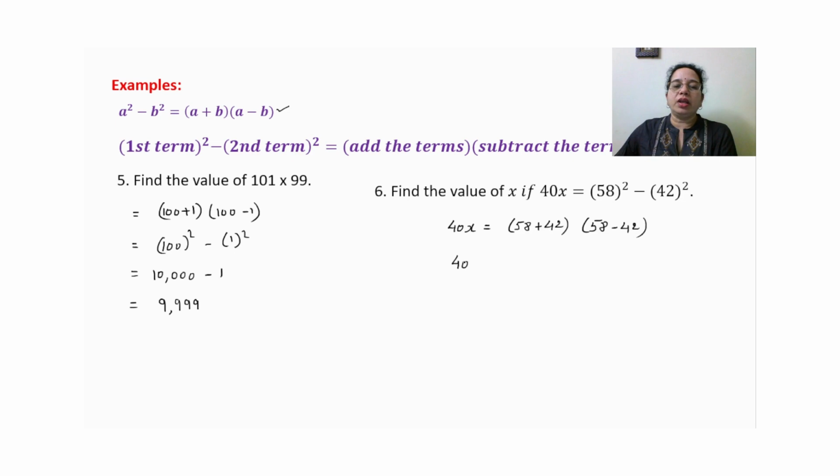So 40x is equal to, add these two terms, you will get 100. No sign is there, it means multiplication. Now subtract, 58 minus 42, that will be 16. So now x is equal to, 40 is in multiplication, so now 40 will come in division. So 4 1s are 4, 4 1s are 4. So x is equal to 10.